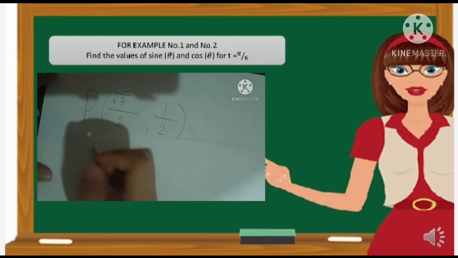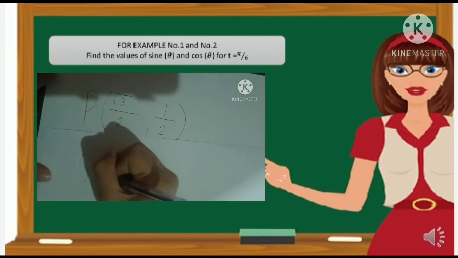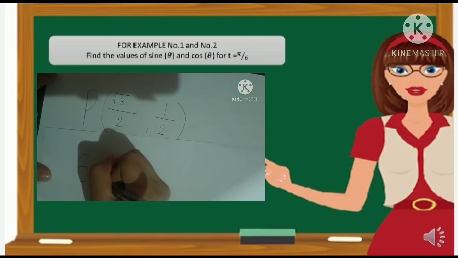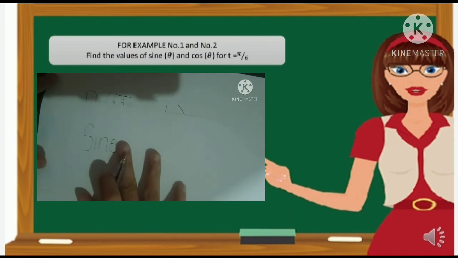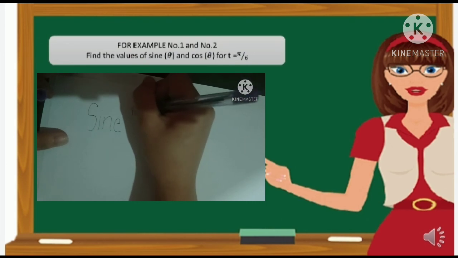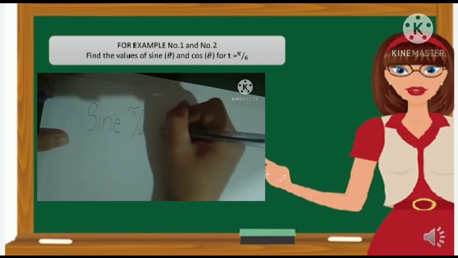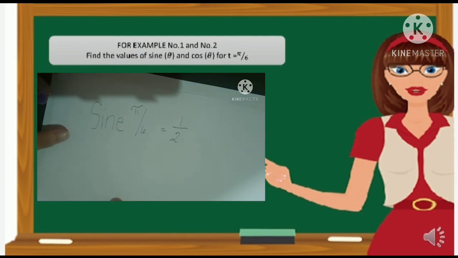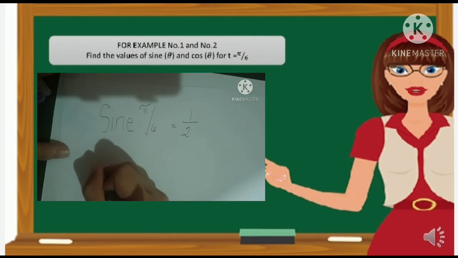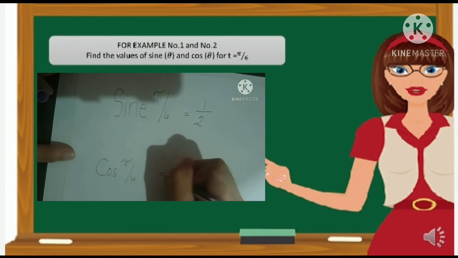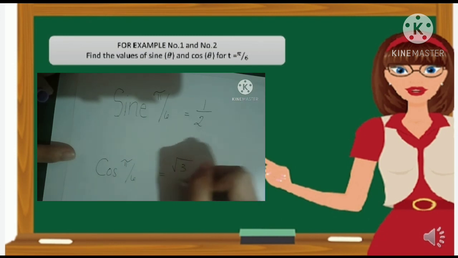So sine of pi over 6 is equal to 1/2. And cosine of pi over 6 is equal to square root of 3 over 2.